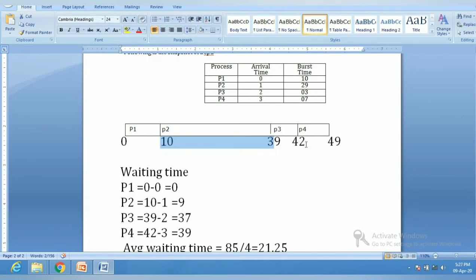But because it has not arrived until the third interval of time, I deduct that and calculate my waiting time. There is no change in the calculation of the turnaround time. The turnaround time is as before. It is the similar calculation that will be followed. And arrival time has no contribution towards the calculation of your turnaround time. So the average waiting time is 21.25.